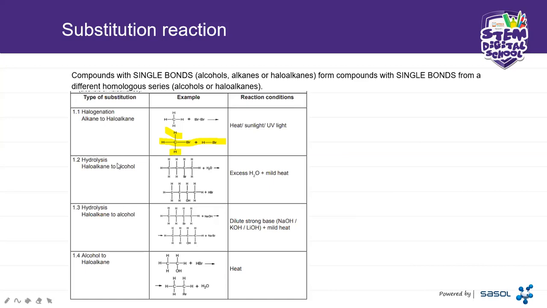And if they say use the hydrolysis to do a substitution reaction, you know that whatever you're substituting needs to be substituted with an alcohol, which is an OH. You know by now, grade 12, that OH is for alcohol.